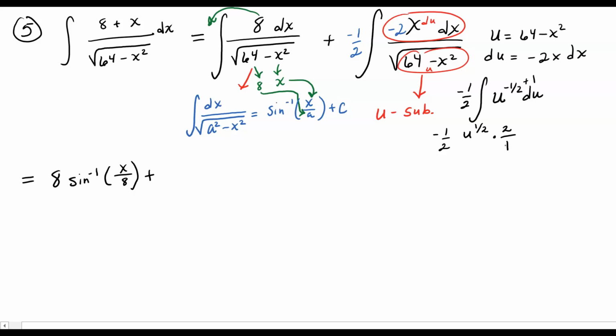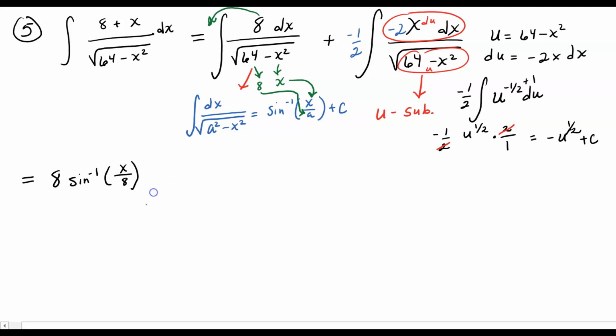So we end up with something that looks like that. When we clean all of this up, we end up with negative u to the 1/2 power plus c in this case. Now that we know what u is, we can write it over here.